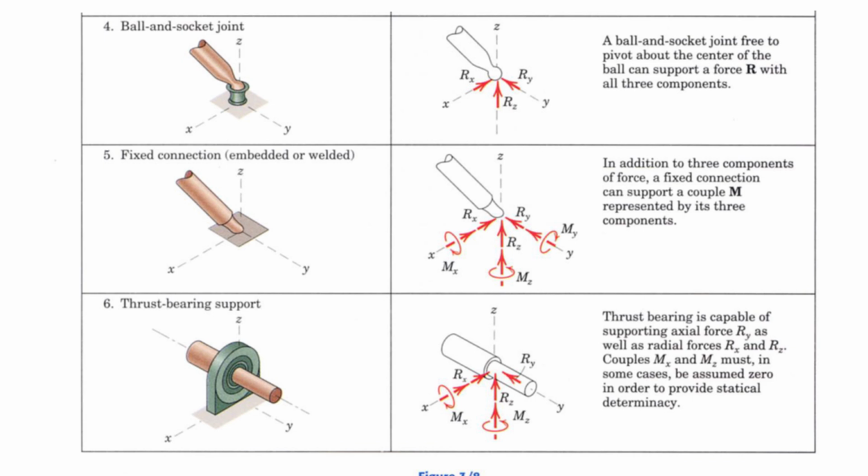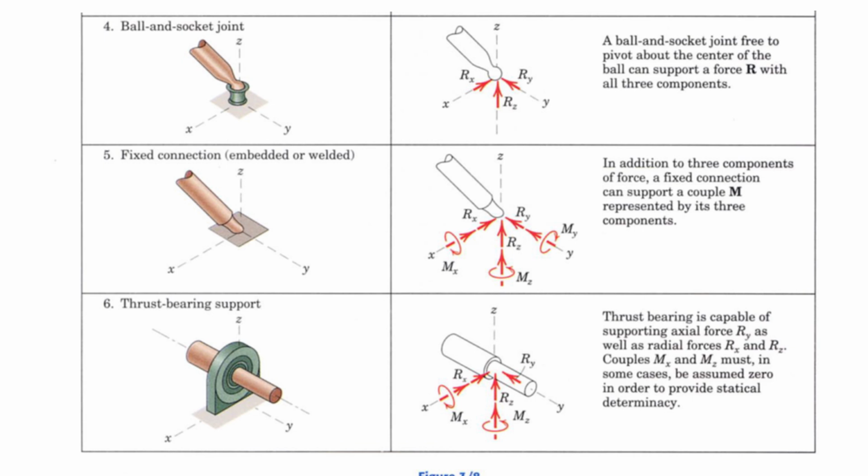Actually, these unknown reactions are coming because of the constraint on the motion. It is not allowed to move in the X, Y and Z directions, so obviously the ground should apply Rx, Ry, Rz. And since the ball is free to rotate, only forces are required.